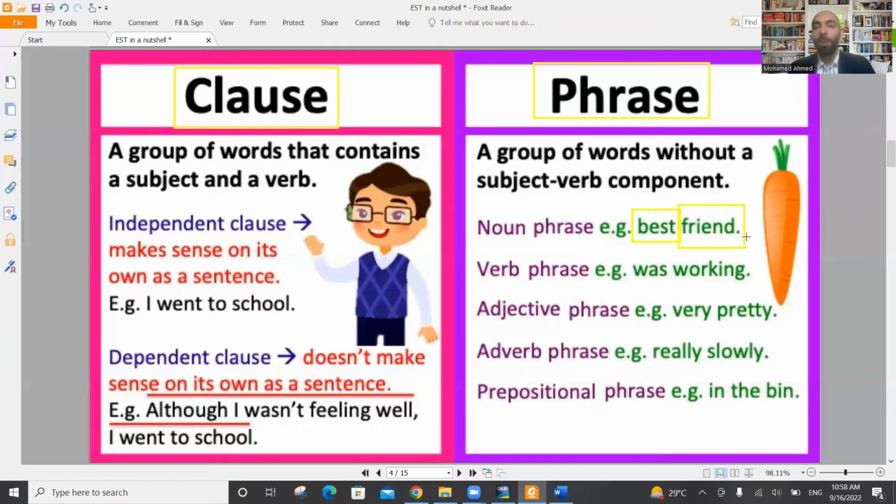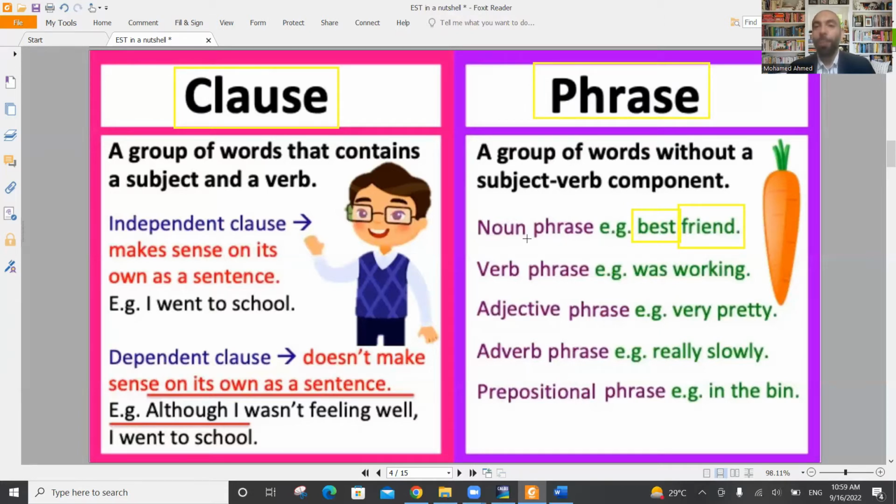If I want to talk about the word best, I would say that best is one word, consisting of four letters, B-E-S-T. What is best? Best is an adjective. So I'm going to describe my friend by saying he's my best friend. Here, best friend, we call this one a noun phrase.